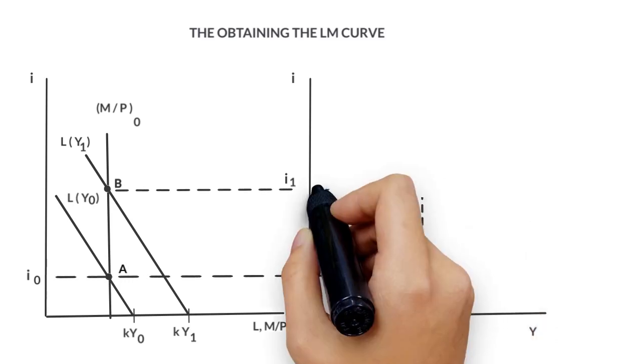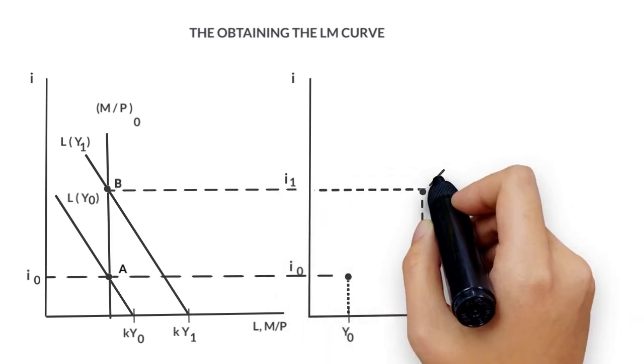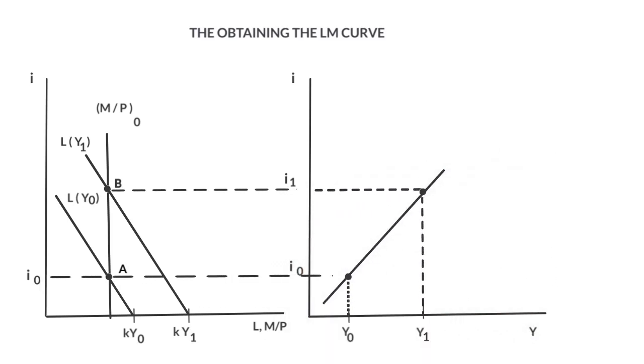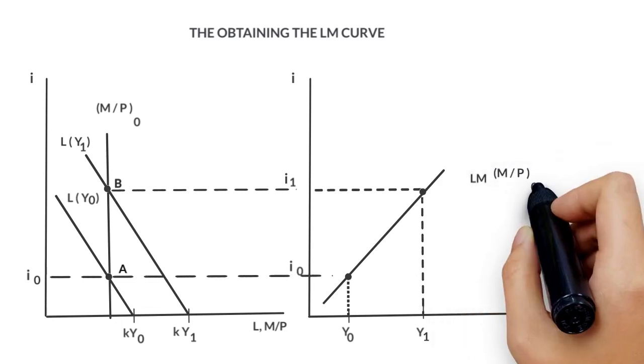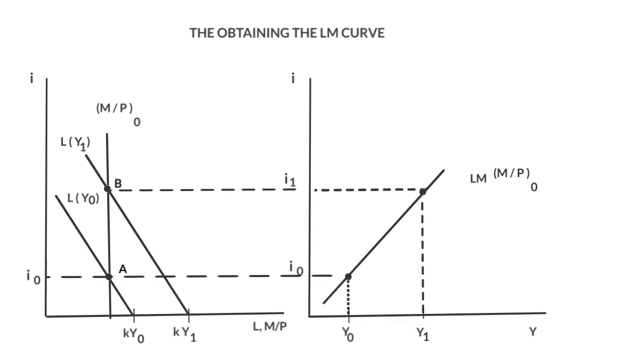If we join both points in the graph interest rate income, we obtain a new point of the LM curve. Joining both points, we obtain the LM curve for the money supply, M divided by P sub 0, established by the central bank.